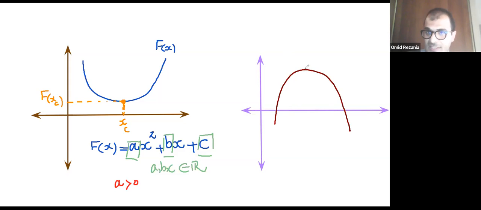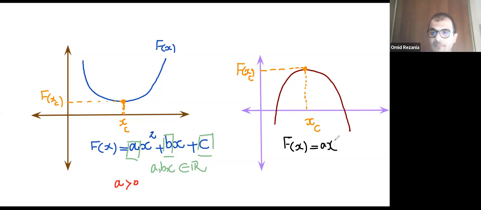You see that this point is a critical point, which we now have a method to find. I call that x_c, and this one is f(x_c). And the f(x) here can be written in the same general format, ax² + bx + c.